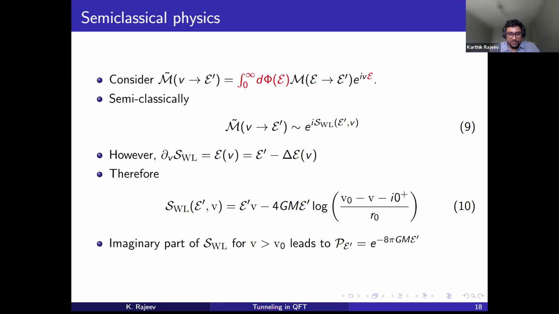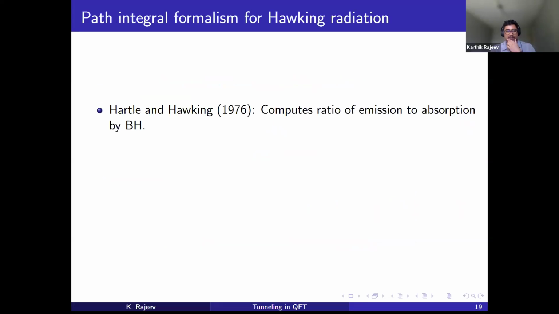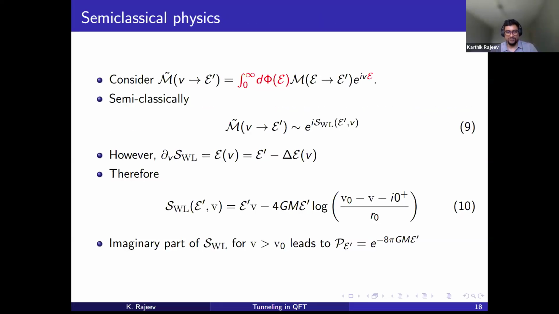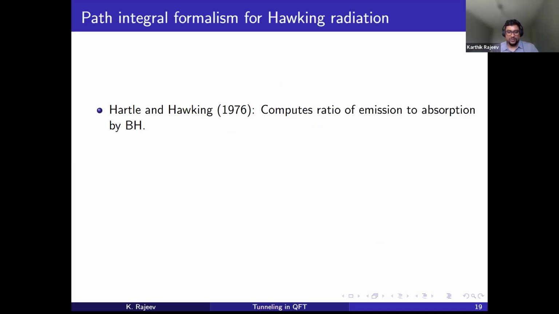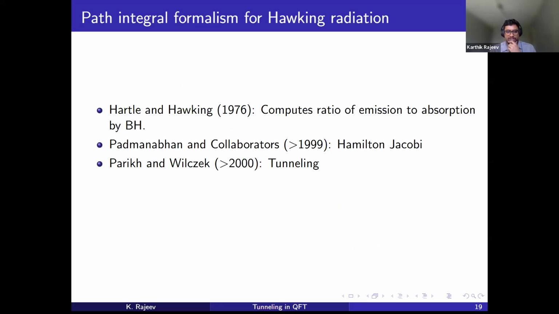But let's maybe make this more precise. Maybe some of it was hand waving. We didn't really say what the path integral is and what the semi-classical evaluation of it is, etc. So that is what we're going to come to next.